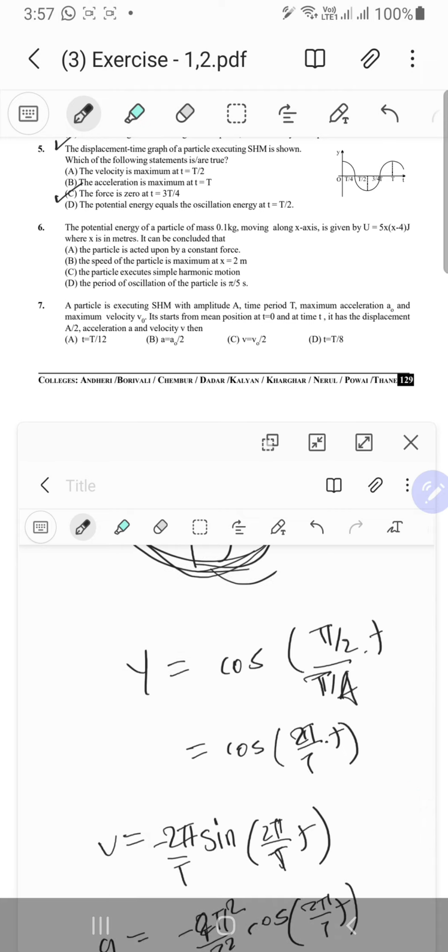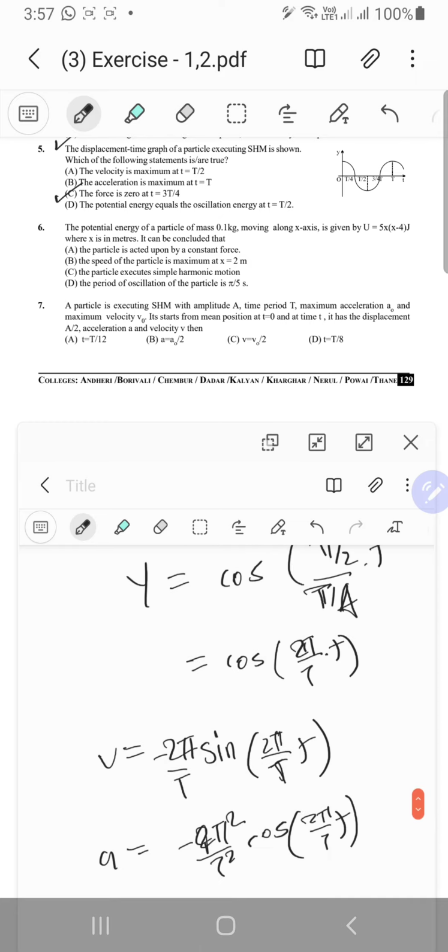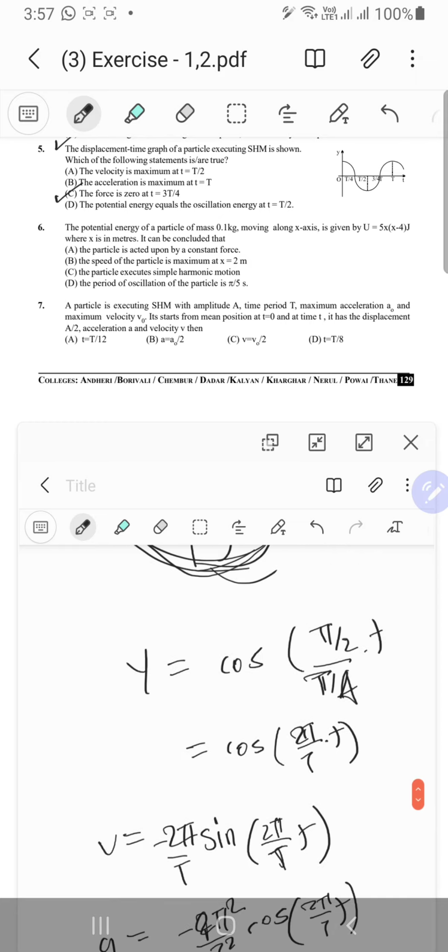Capital T by 2, that cancels, you just get 0 over there, so cosine. So you mean at the mean position? That doesn't quite look correct. Well, potential energy is in fact, no, kinetic energy is oscillation. Yeah, so this is incorrect.